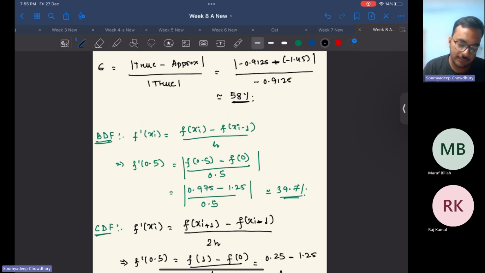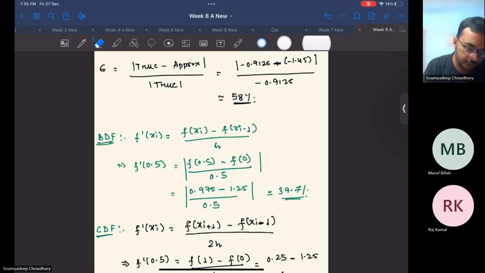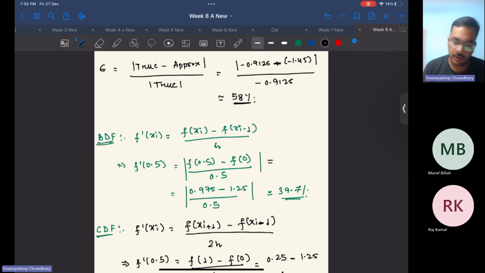Your backward difference gave you, sorry, what is the value here? That gave me minus 0.55.